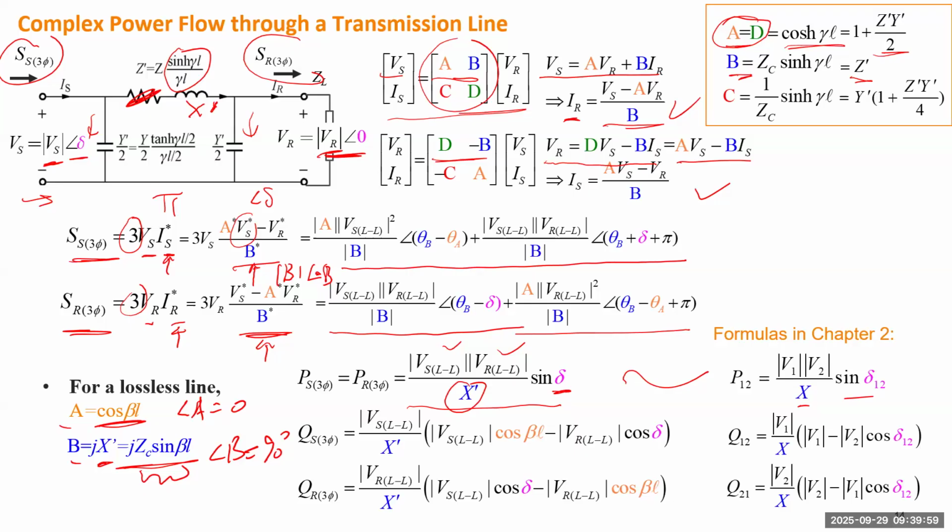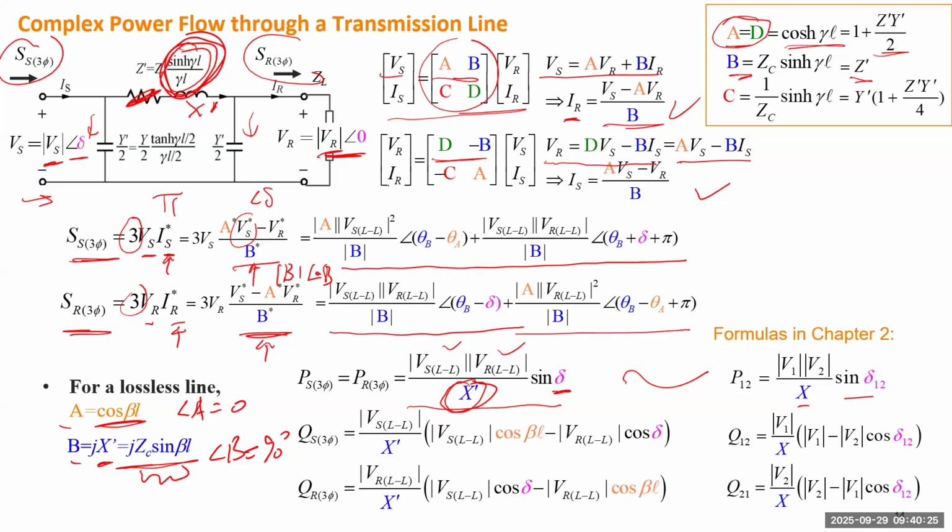The only difference is this X', not the actual X. Which means the original formula in chapter 2 can still work. We just need to correct X into X' by multiplying X by this factor. This factor will be close to 1 when the line is not very long.